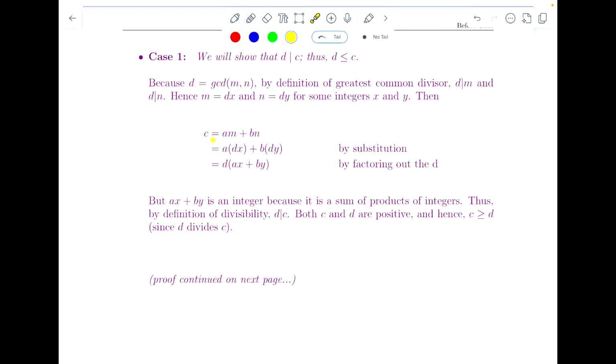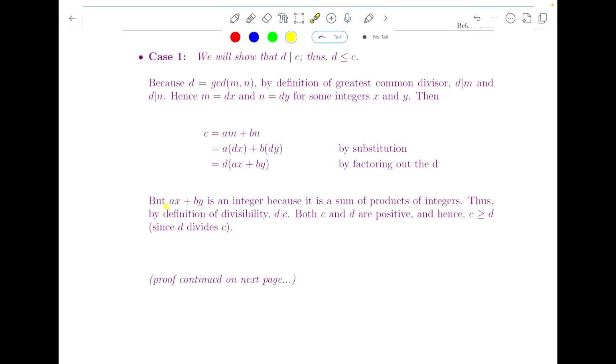So then I write here, c is equal to am plus bn, and then m and n by the definition of d are written as dx and dy, and then I'm going to take d and factor it out. I'm going to get d times, in parentheses, ax plus by.